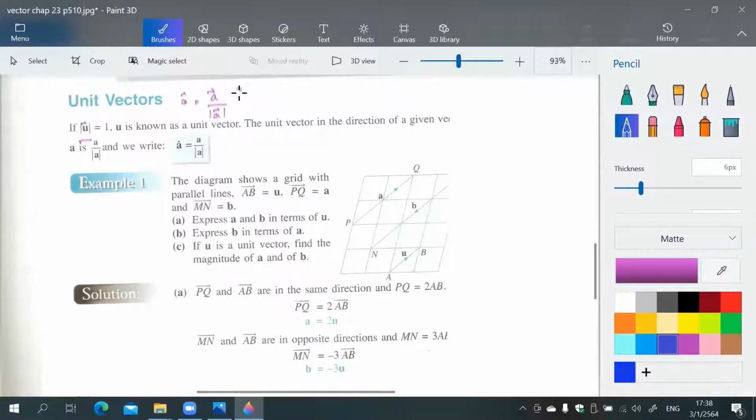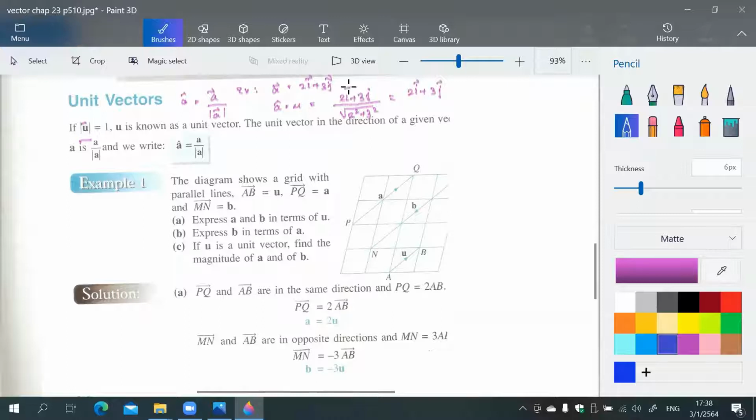For example, if I write vector A equal to 2i plus 3j, and find the unit vector with a little hat on there, the unit vector equals 2i plus 3j over the magnitude, which is the square root of 2 squared plus 3 squared. The numerator, 2i plus 3j, has a little arrow on top also.